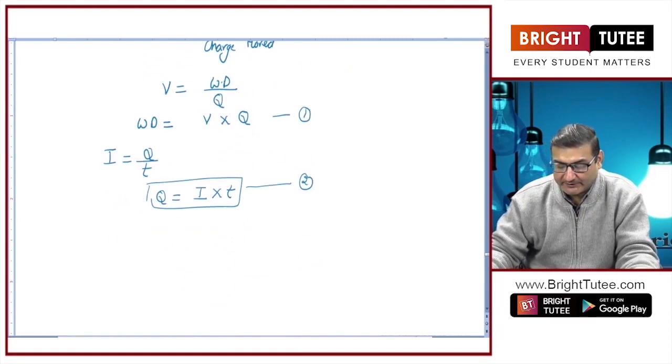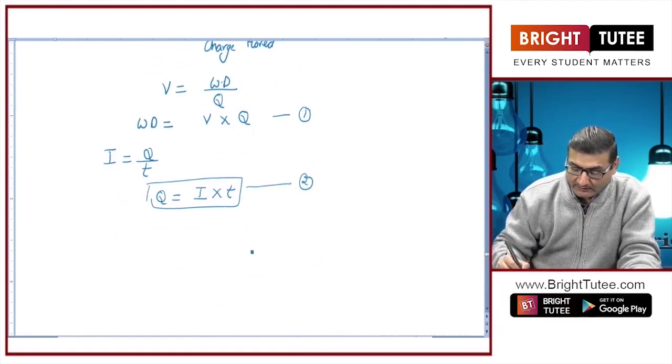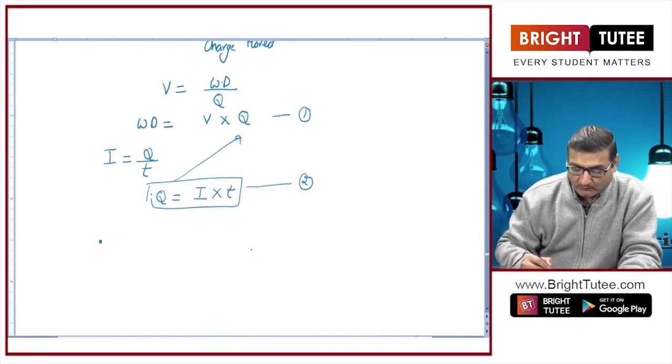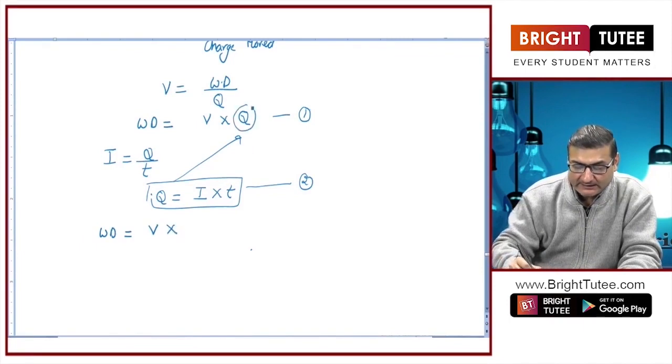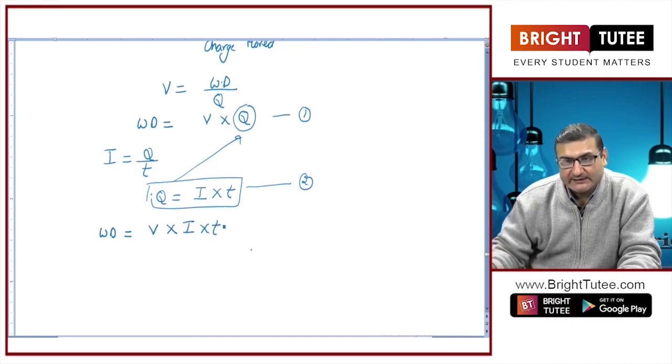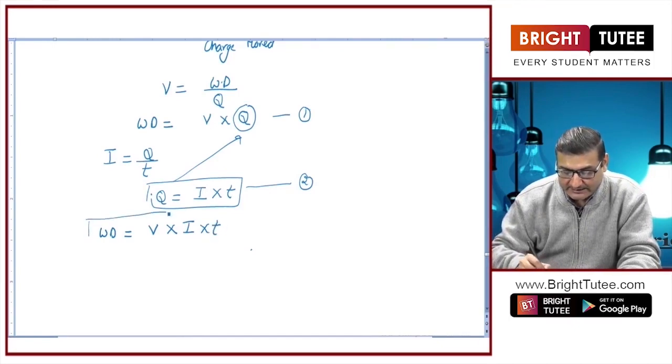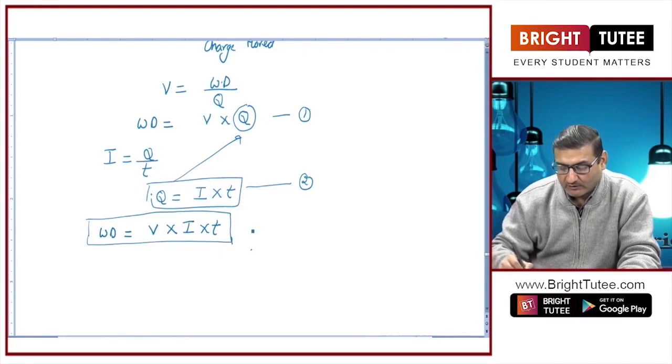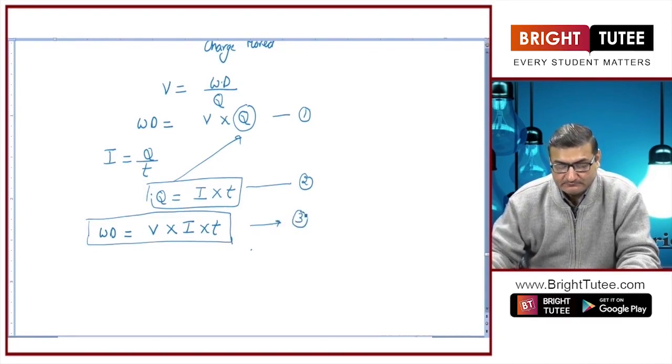Now, putting this value of Q in equation number 1, work done is equal to potential difference multiplied by I multiplied by T. So this is one formula for work done. I give it equation number 3.